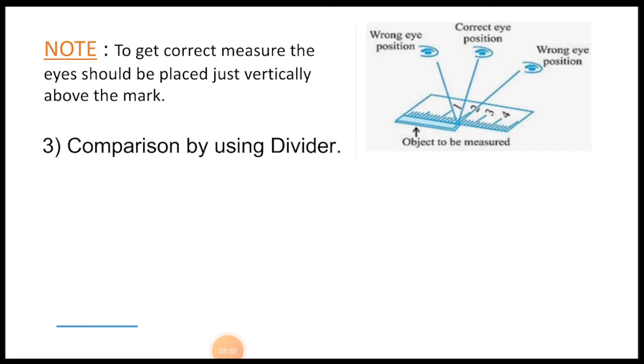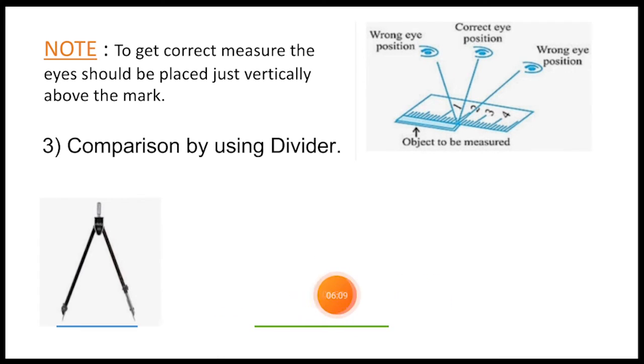So here we have drawn a line segment with blue color, and above this we will be placing this divider with its two ends open. Fine. And now we have taken one more line segment with green color, and above this green line segment also we will be placing the same divider with the same opening, without any changes in it.